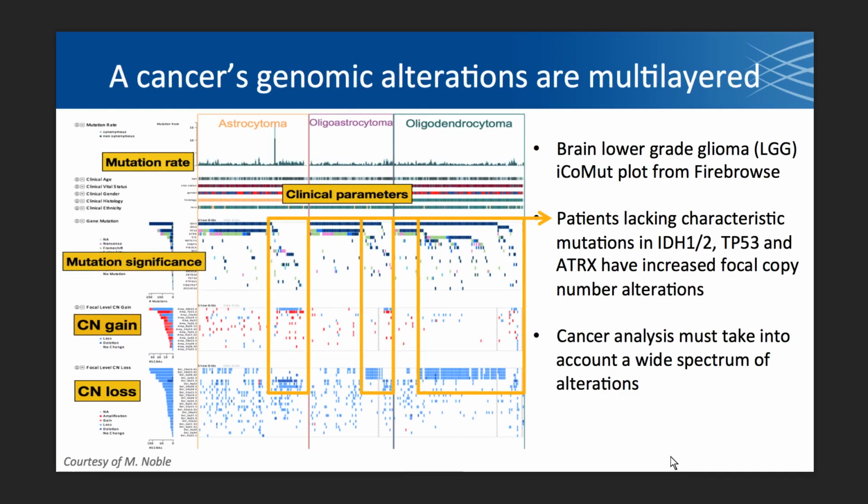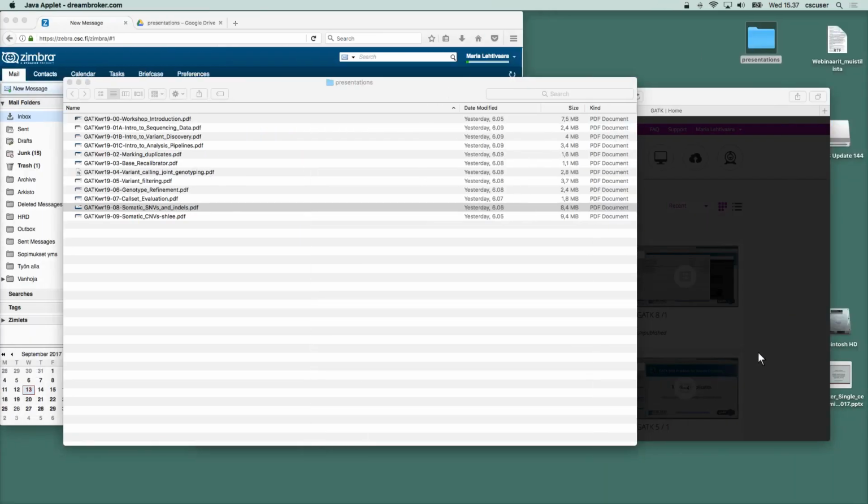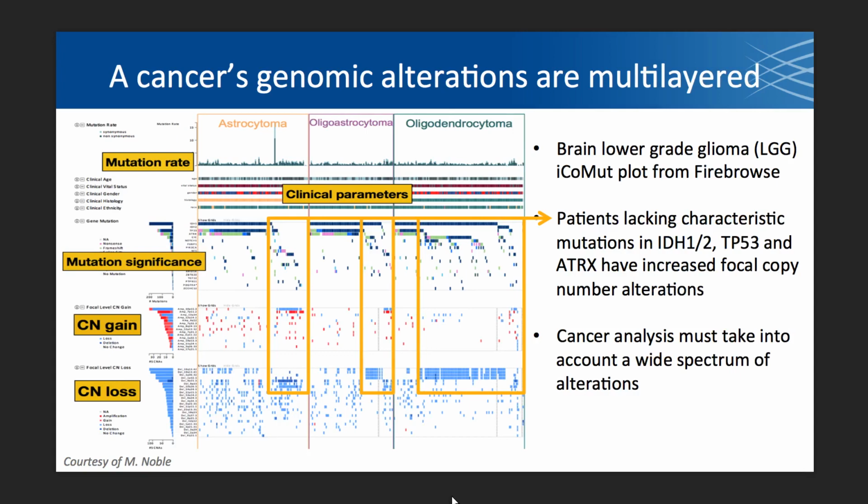So I want to wrap up the background section with an example from real cancer data. It looks complicated, but I'm going to walk you through it. This is a plot that's made from a brain cancer cohort.